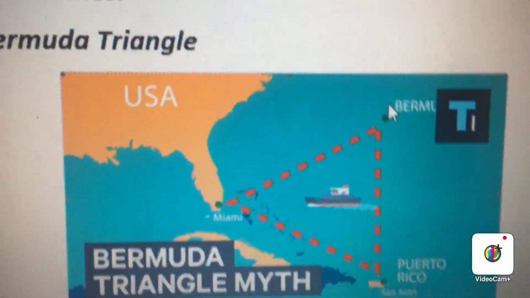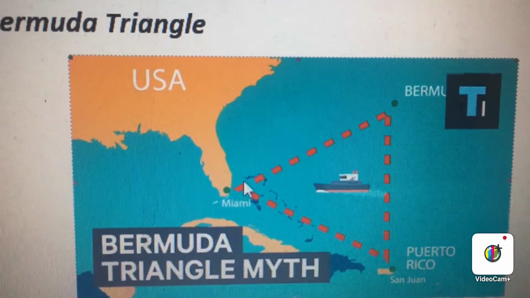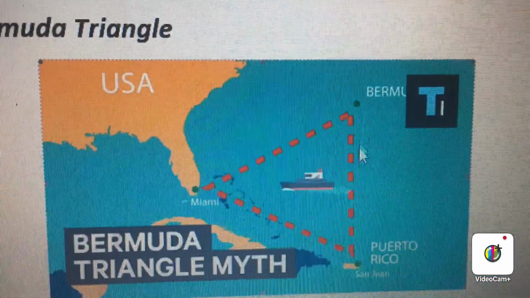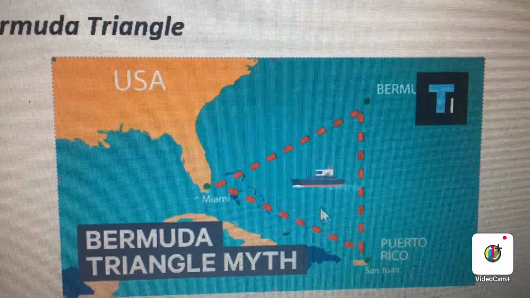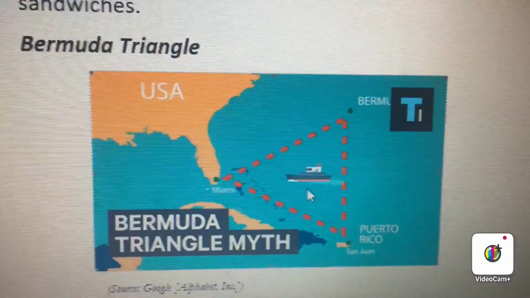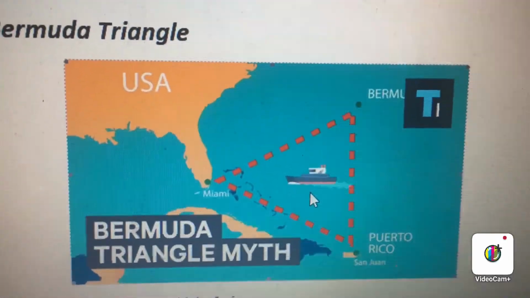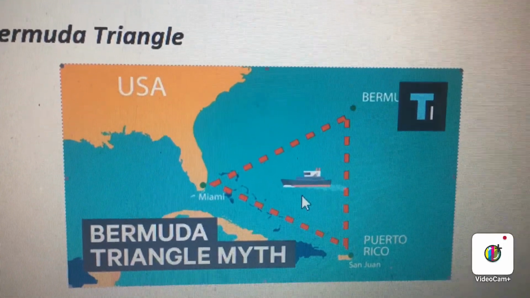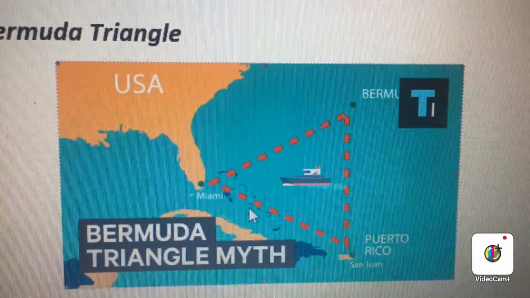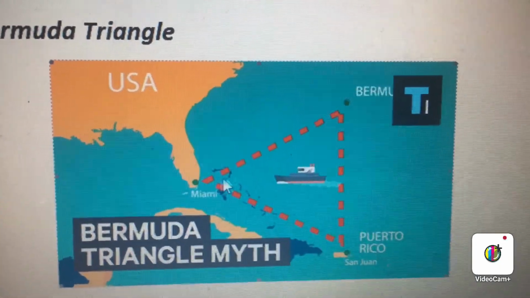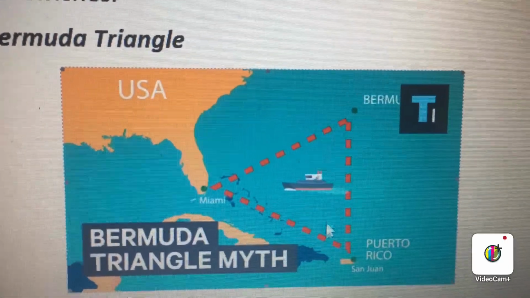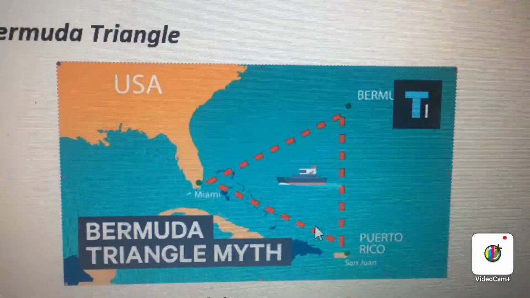See, it covers this area from Miami to Bermuda and to Puerto Rico. Sometimes they call it the Devil's Triangle because so many ships and boats have mysteriously disappeared in the Bermuda Triangle. But the bottom line is that that region has the shape of a triangle.